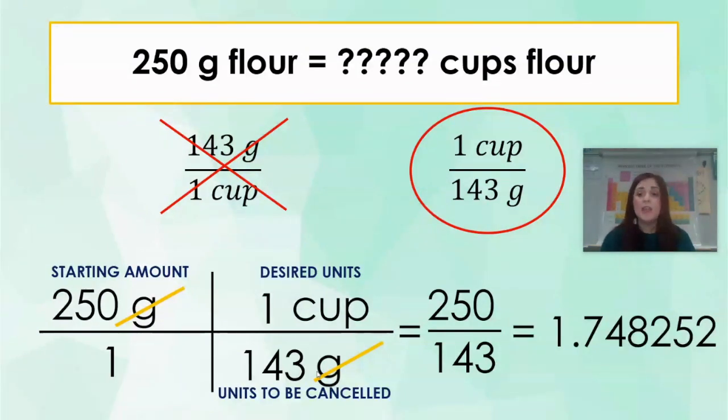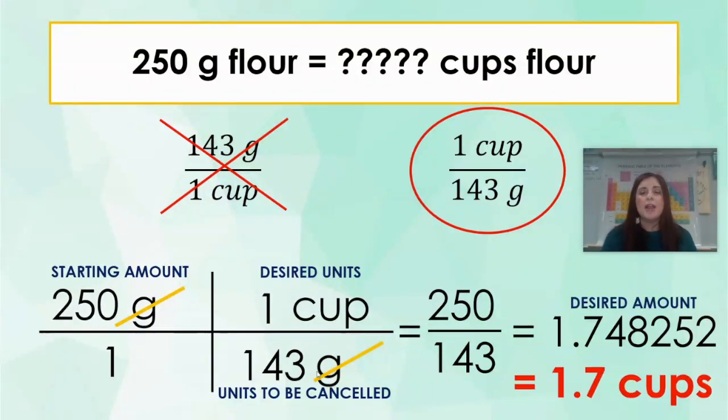And you'll see I get 1.748252. Remember, we can't be more precise than our least precise measurement. That 250 grams of flour in the recipe has only 2 significant figures. So we want our answer to have only 2 significant figures. So we would round this to 1.7 cups.